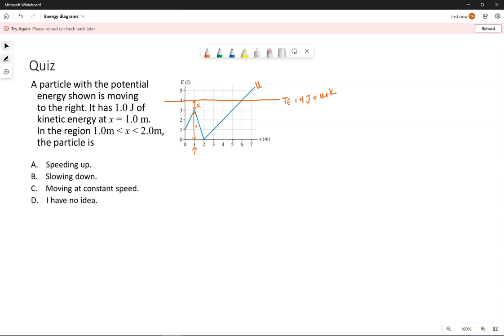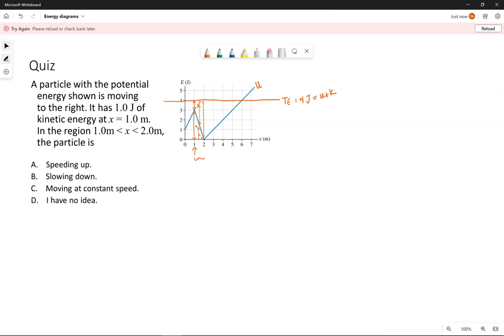In this question, in the region between 1 and 2, is the particle speeding up, slowing down, moving at a constant speed, or I guess we have the option to not know. Well, under the potential energy line represents potential, above it represents kinetic.